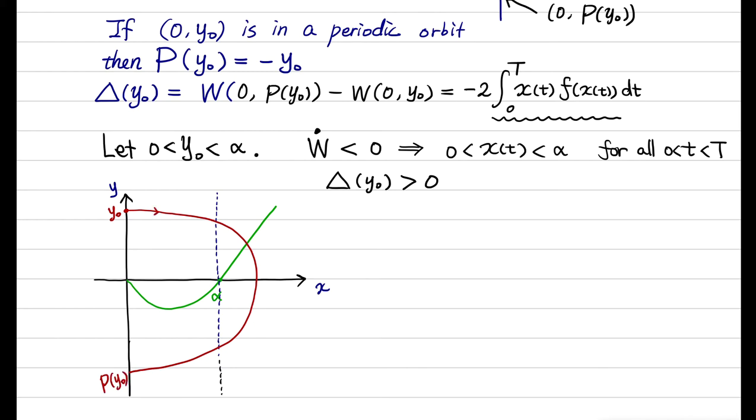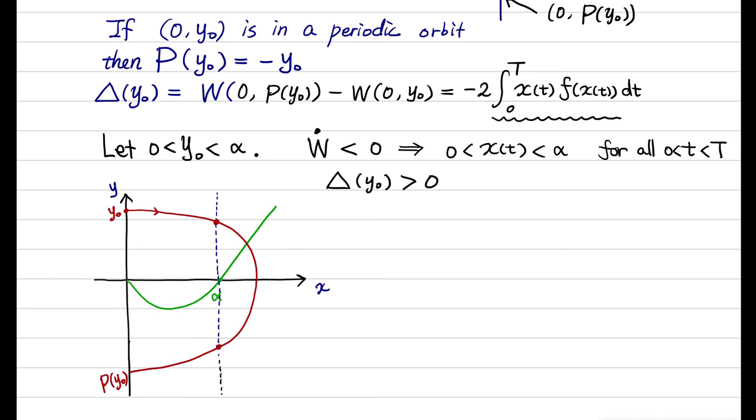If y0 is large enough, then it must hit this line of x equals alpha, because we already proved that any point starting from the green graph, if you go back in time, will hit the y-axis at some y0, which means y0 is large enough. It will hit also x equals alpha.